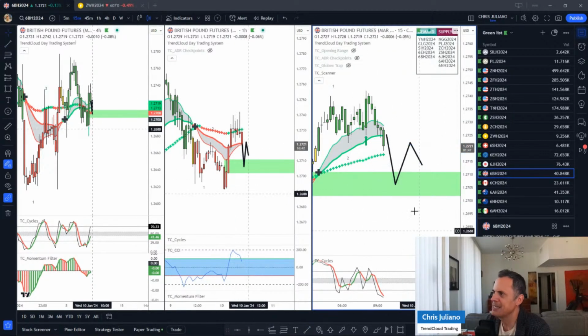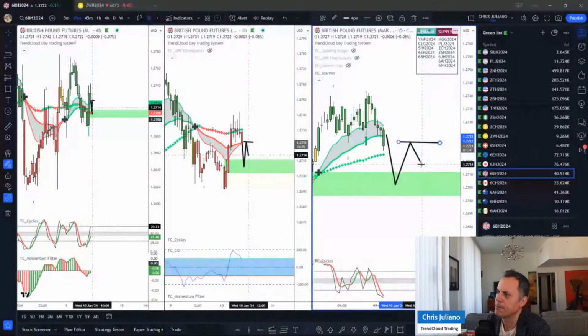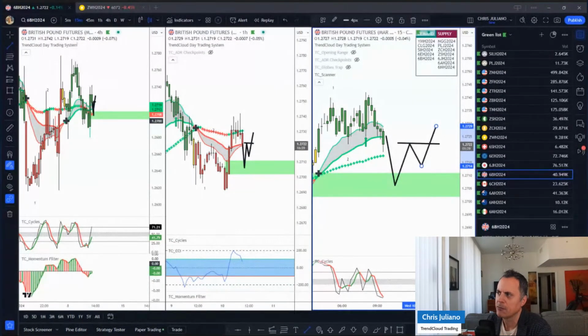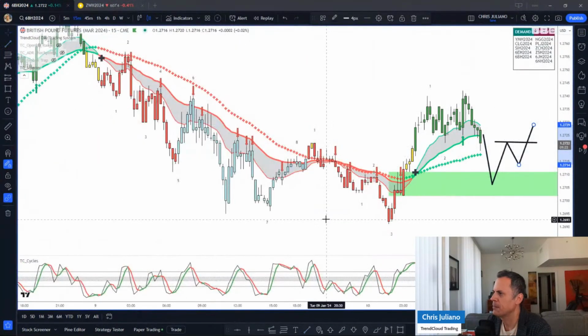As soon as I see this, right, pulls down, makes a move, starts pulling back, what am I going to wait for? Break of structure right there. Right there is when I can start looking for my TrendCloud signals. Okay, let's open that up.